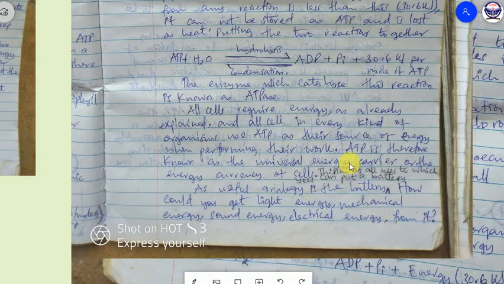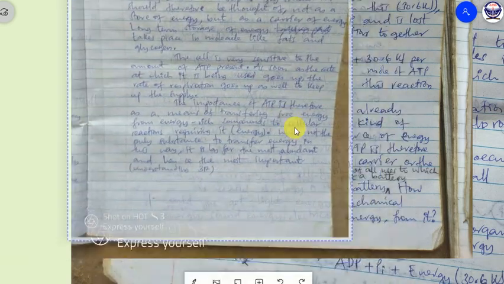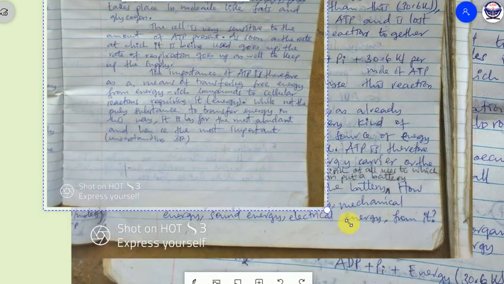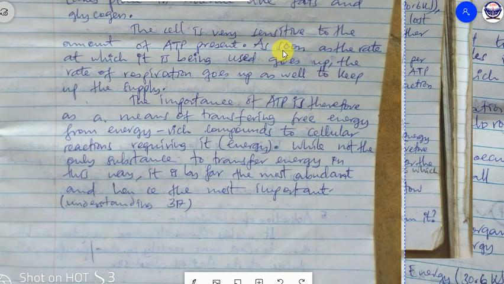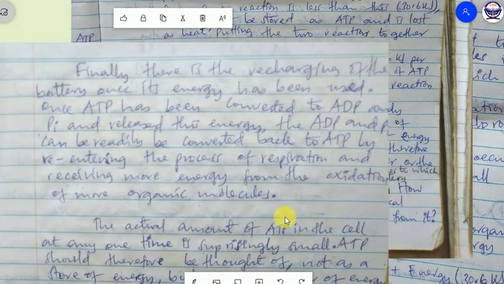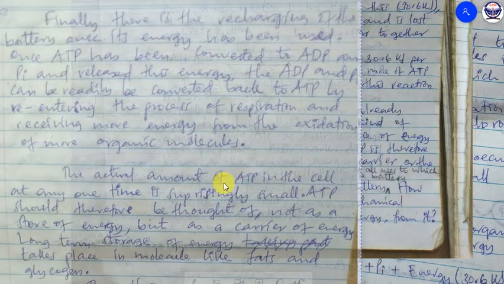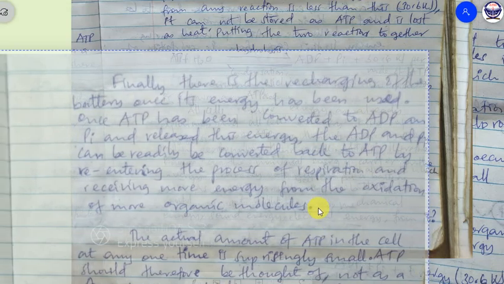Thinking about this, we can see that ATP stores energy, and this energy can be used in different kinds of processes in the cell. So now let's see in the next page how this goes.